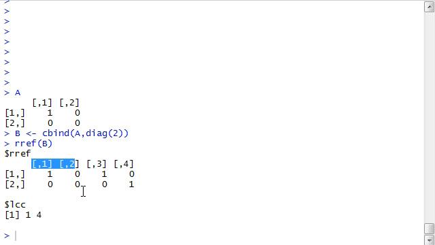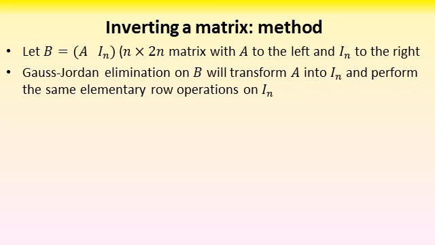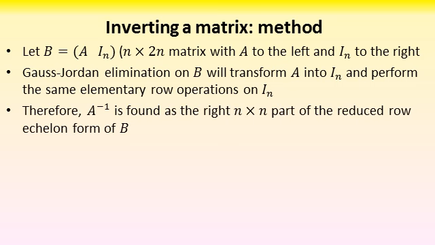Then I know that A is not invertible, and this is by no means the inverse of A. So to review, Gauss-Jordan elimination on this fake matrix B will kill two flies with one swat. A goes into I_n, the same elementary row operations are applied to I_n, and I_n will go into the inverse. And this will always work as long as A is invertible.